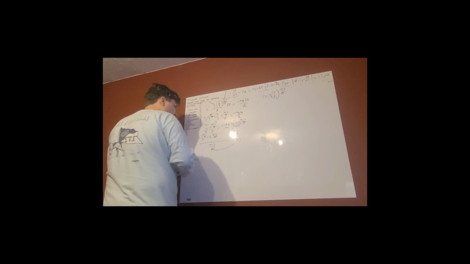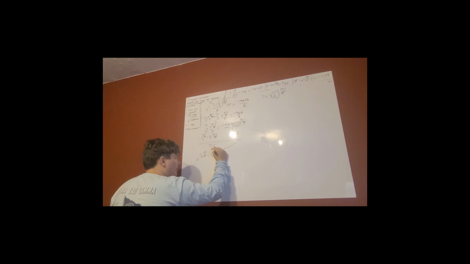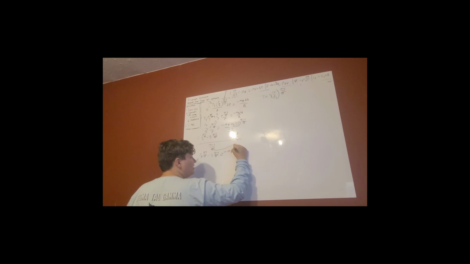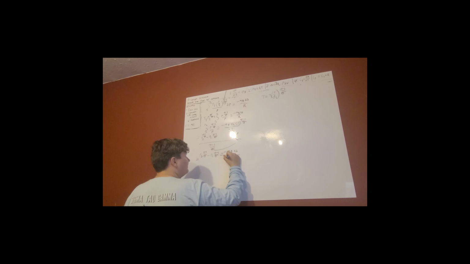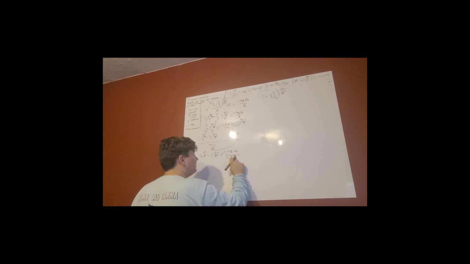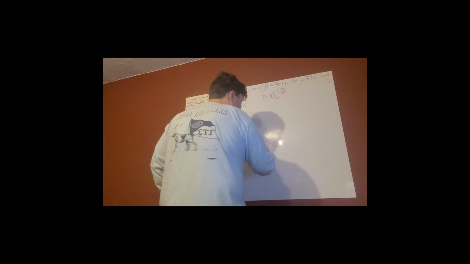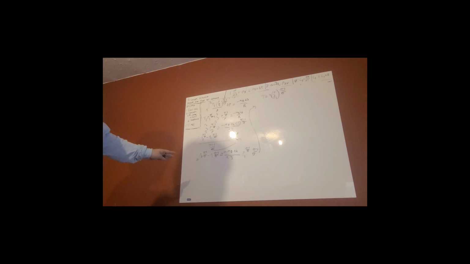So this is going to give us P2 to the gamma minus 1 over gamma minus P1 to the gamma minus 1 over gamma is equal to negative mg dz over RT1, times P1 to the gamma minus 1 over gamma times gamma minus 1 over gamma. It's a pretty daunting equation, but we're going to move this up here real quickly so we don't run out of any more space.